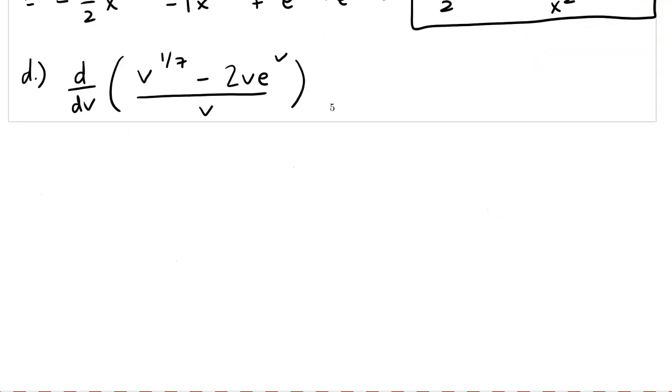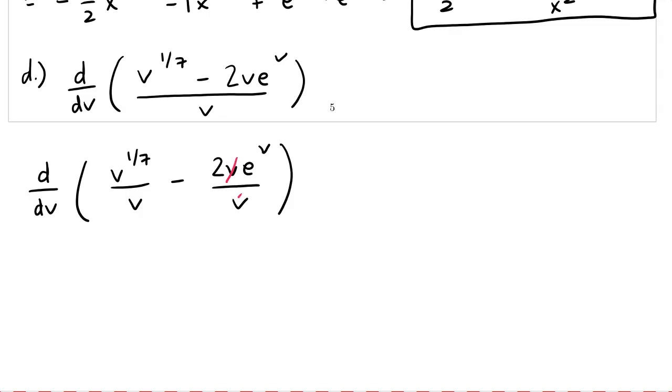For part D, we have the derivative with respect to v of this fraction here. I've gone ahead and rewritten the 7th root as v to the 1/7 power. And once again, I'm going to split this up into two fractions. So I have v to the 1/7 power over v minus 2v times e to the power of v over v.